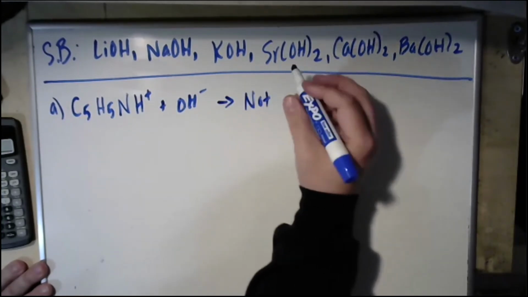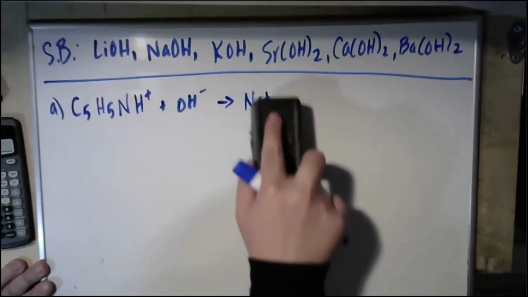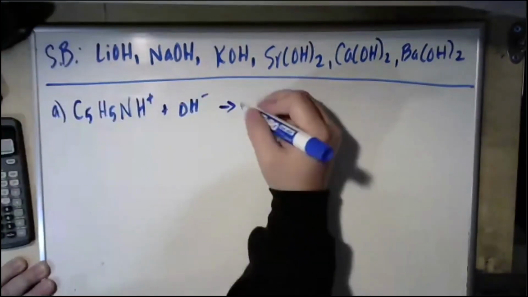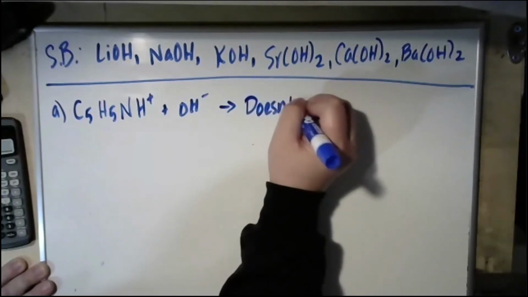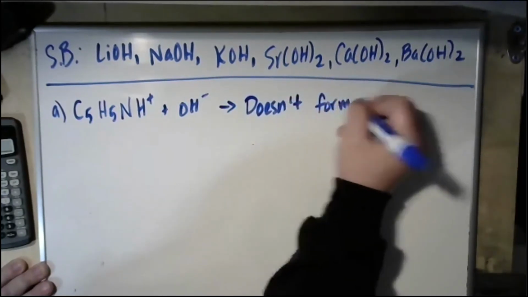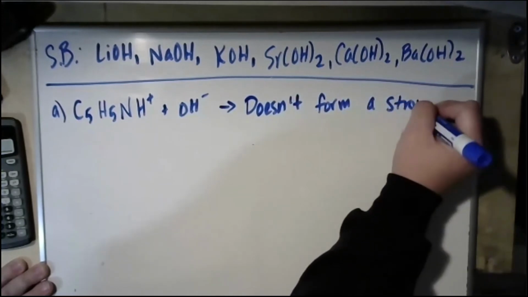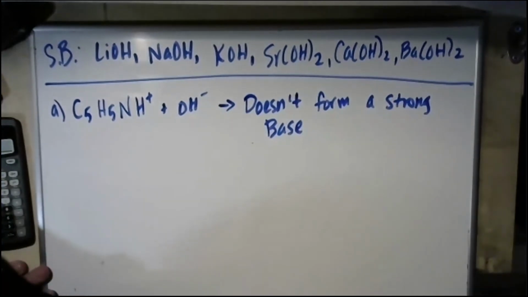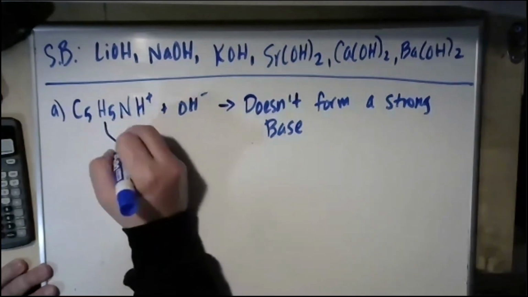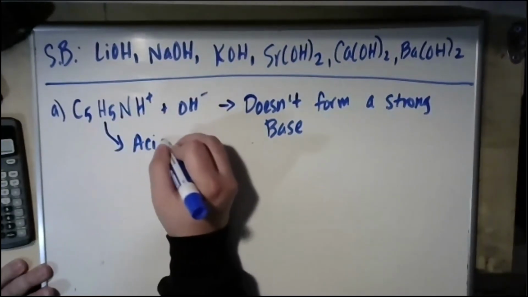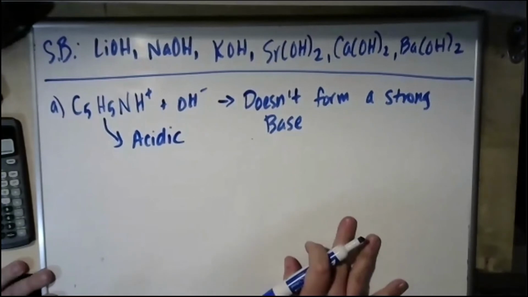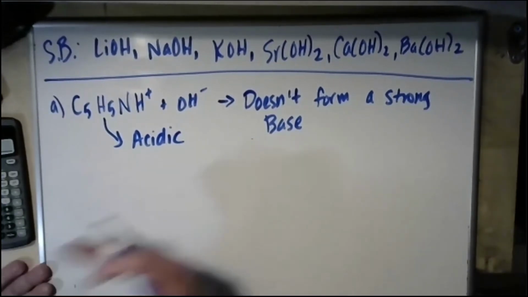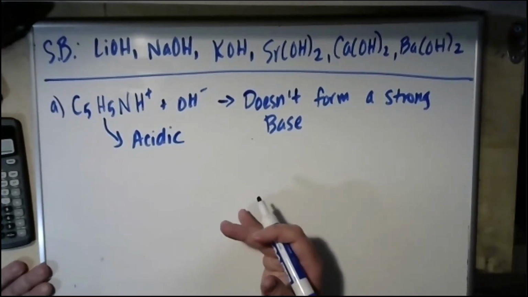Nope. I'm going to phrase it a little differently. We'll say it doesn't form a strong base. If it doesn't form a strong base, that means that the cation is going to be acidic. The counter ions to strong acids and strong bases are the only neutral ones.